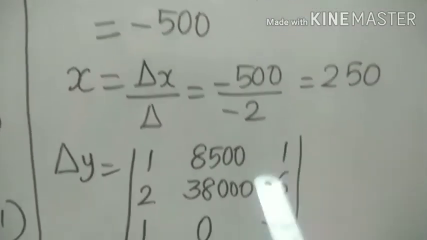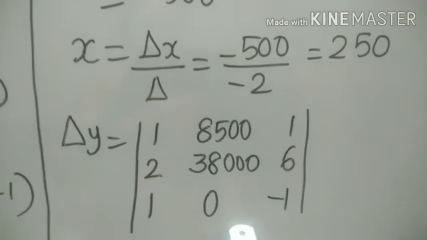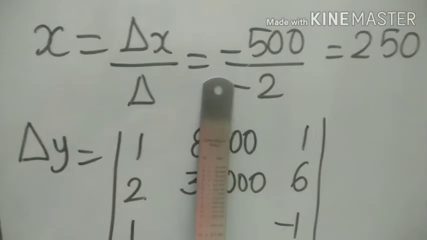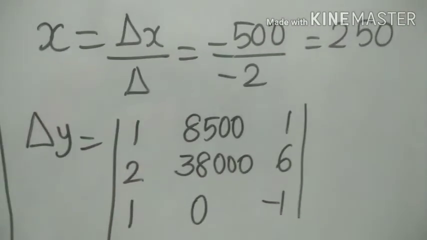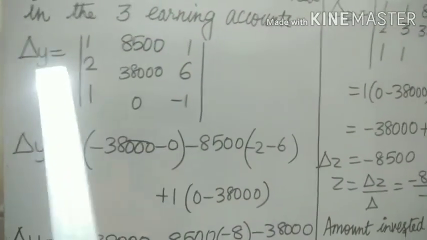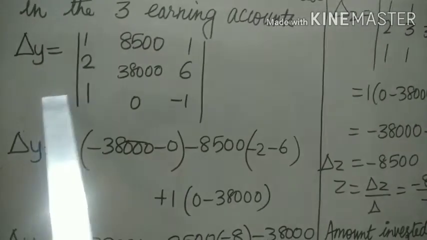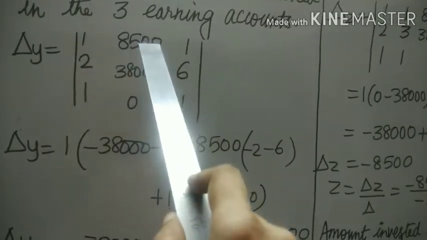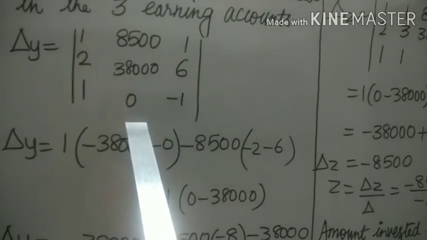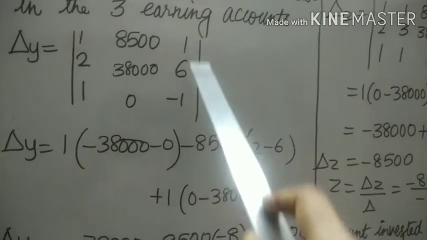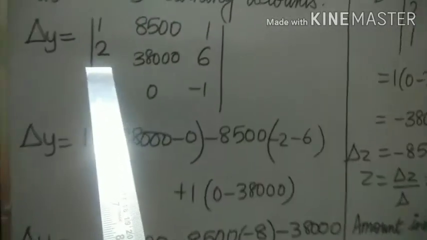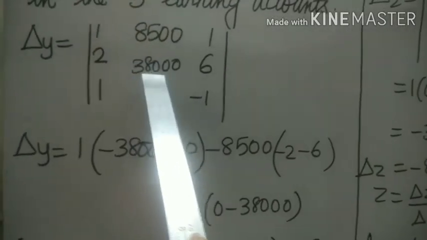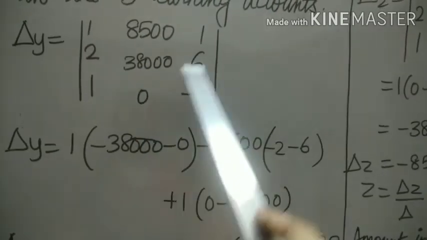Similarly, we proceed on to del Y. For del Y, the Y values will be the RHS. X and Z we copy as it is. As we write del Y, we get 1, 1. Instead of Y, we have written the RHS and Z values. Now, del Y, we expand: 1 into 38,000 into minus 1, 0 into 6.